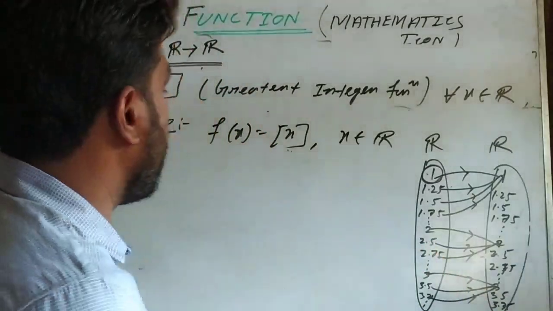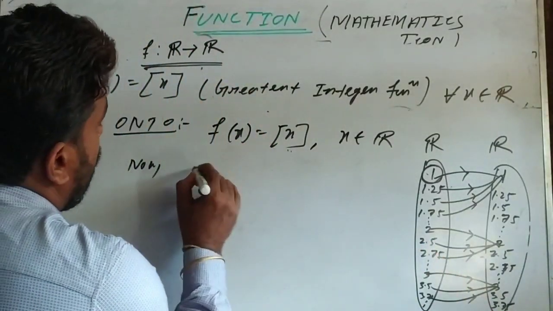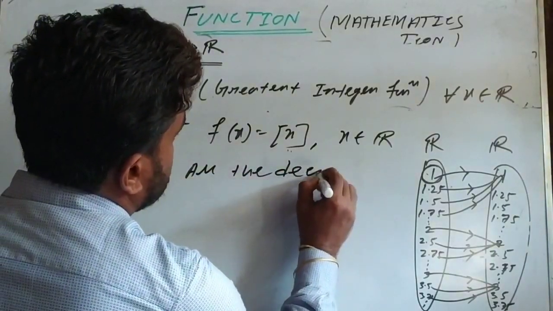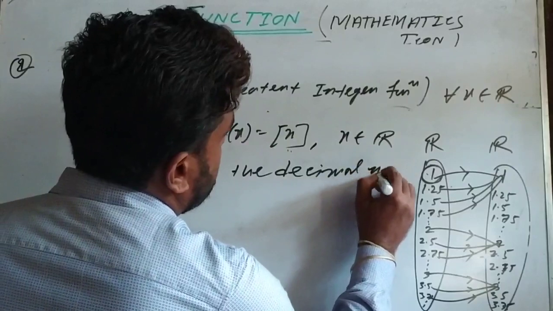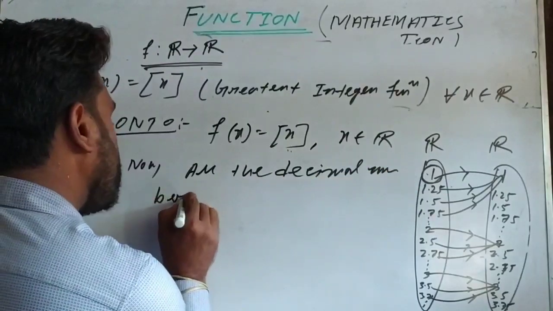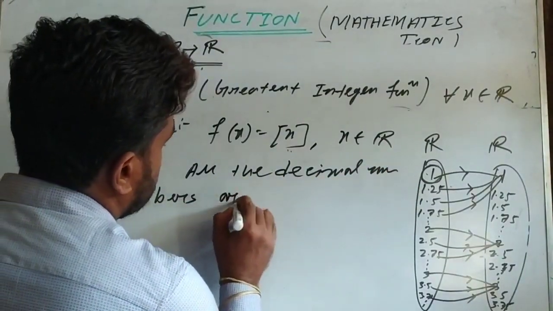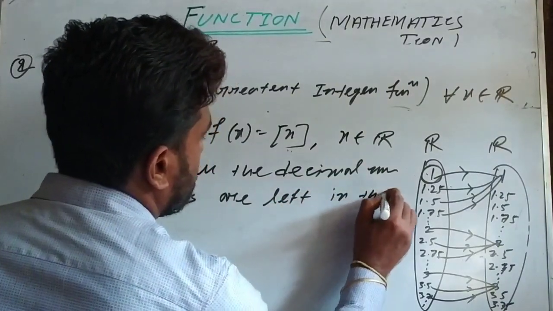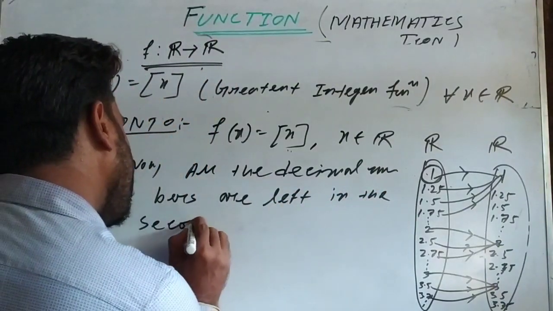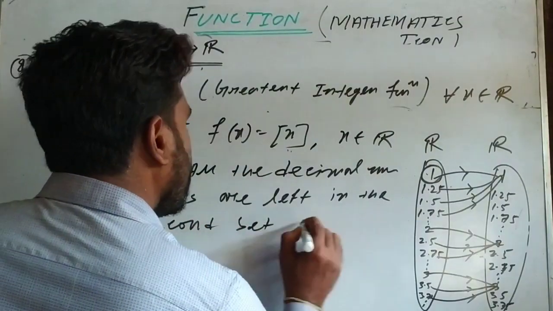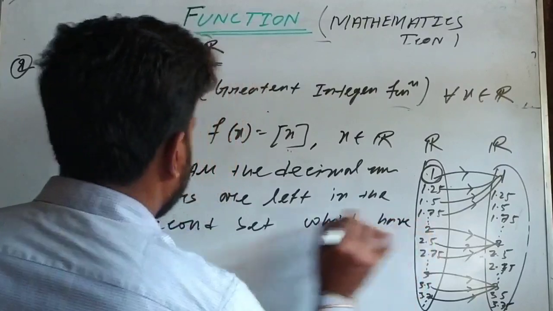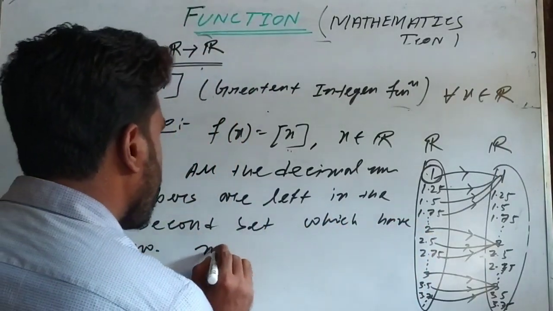So here you can write here now all the decimal numbers are left in the second set which have no mapping.